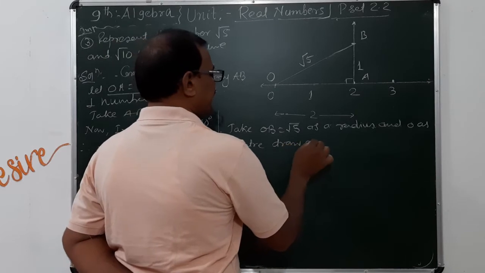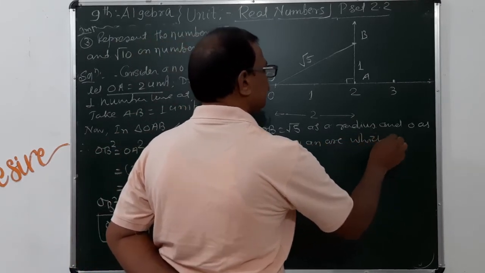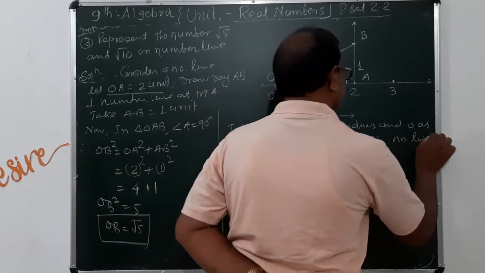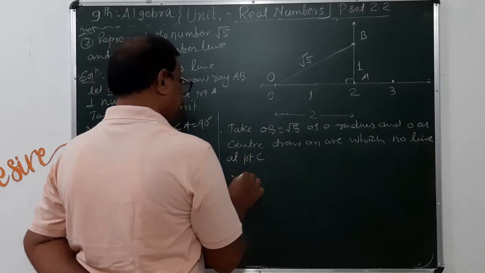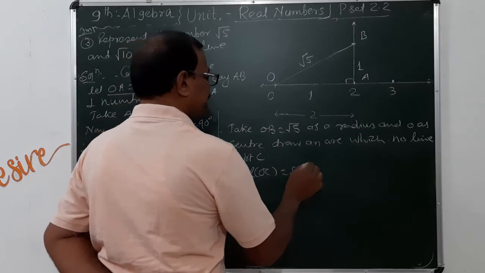Draw an arc which cuts the number line at point C. Therefore, length OC is equal to root 5.